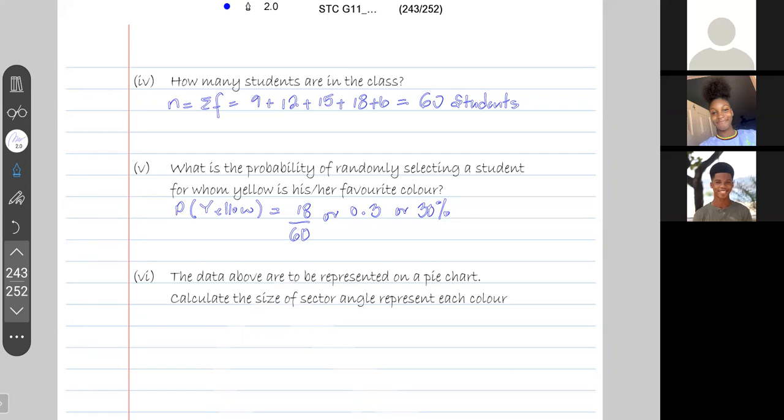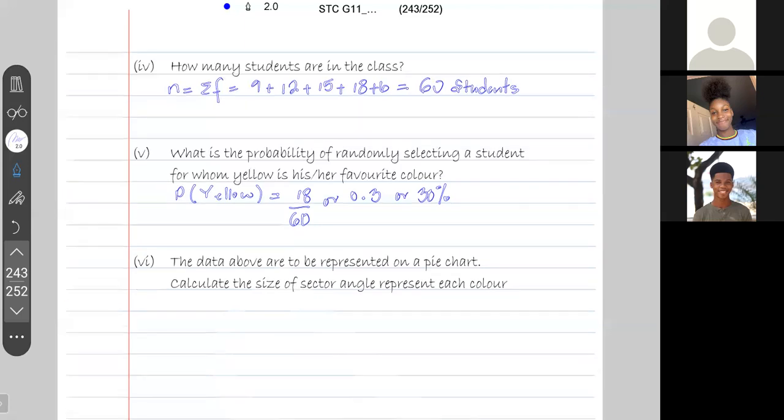their favorite color. This says the data above are to be represented on a pie chart, where we calculate the size of the sector angle representing each color. So let's start out with red.